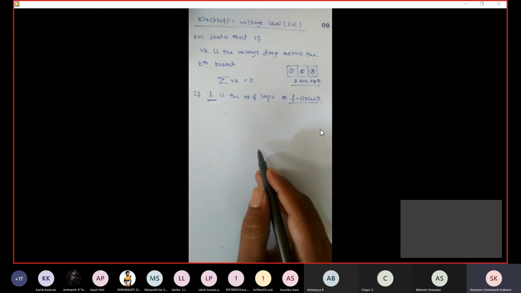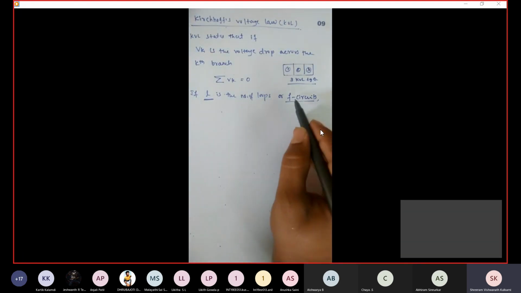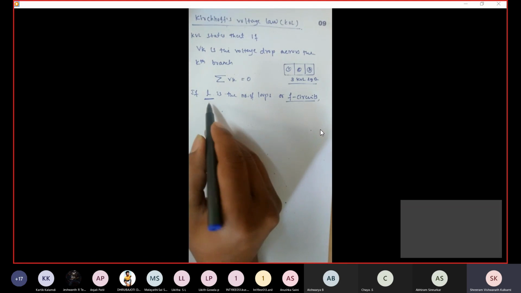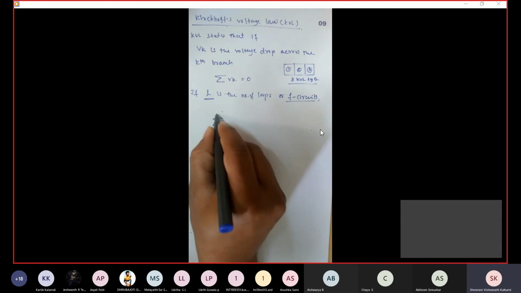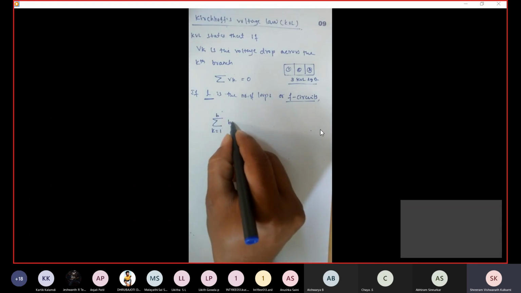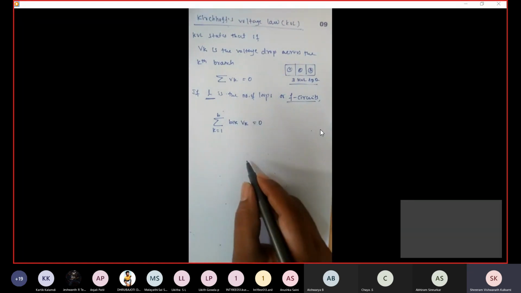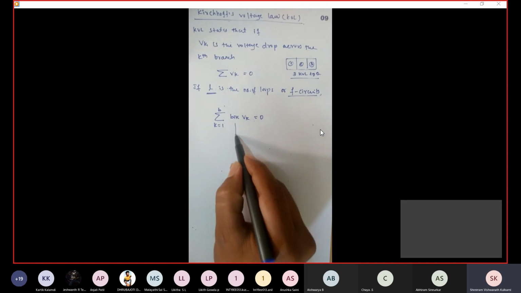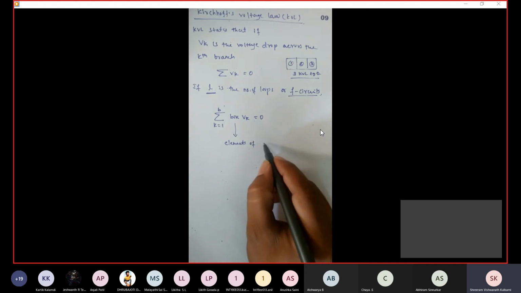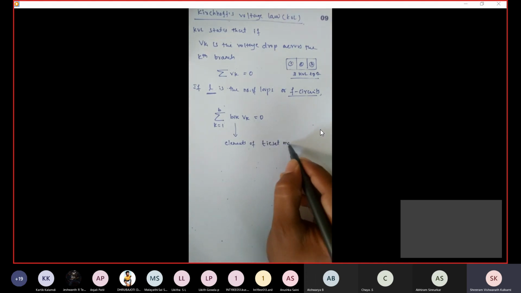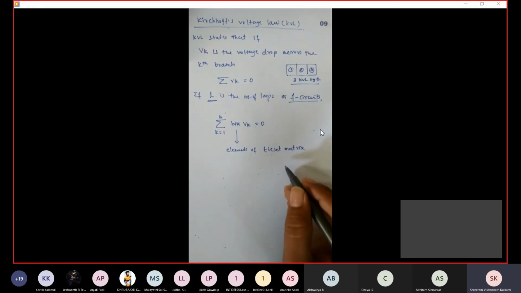Then the KVL equation for F circuits, or the KVL equation for loop L, can be written as summation of k equals 1 to b of Bik Vk equals to 0, where Bik are the elements of the tie-set matrix.